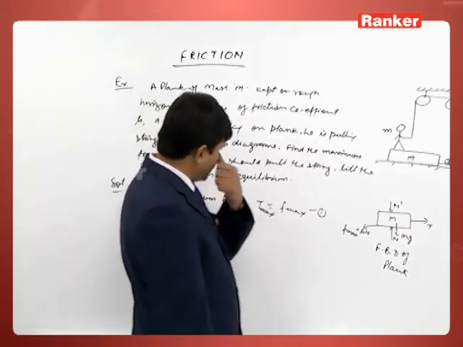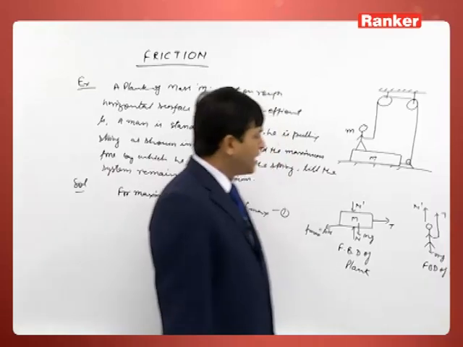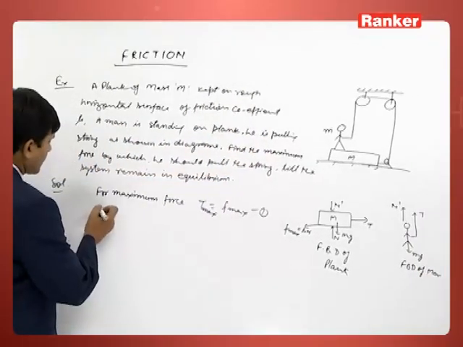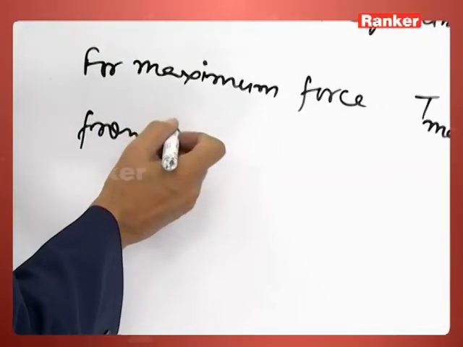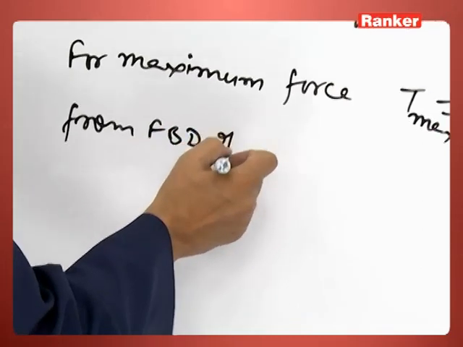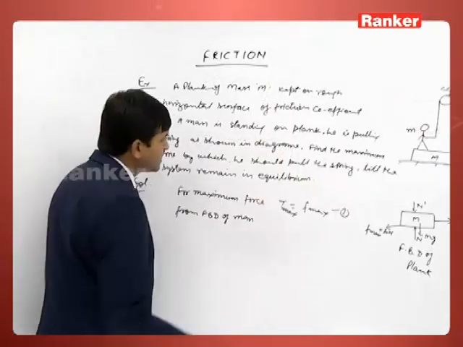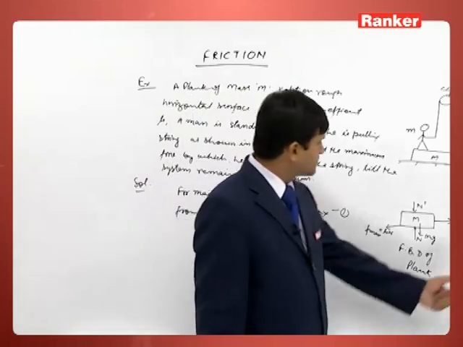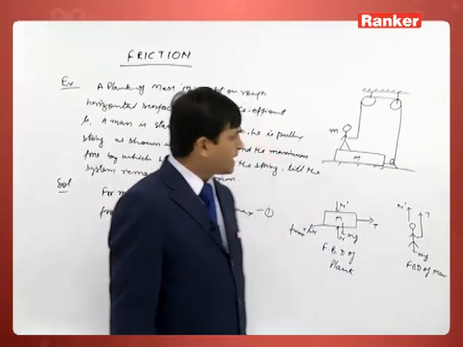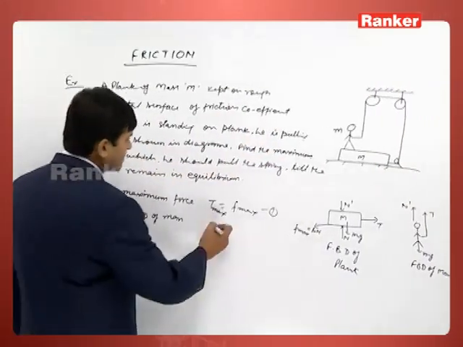Second, for the man, from the FBD of the man, we can write T plus N dash is equal to small mg.